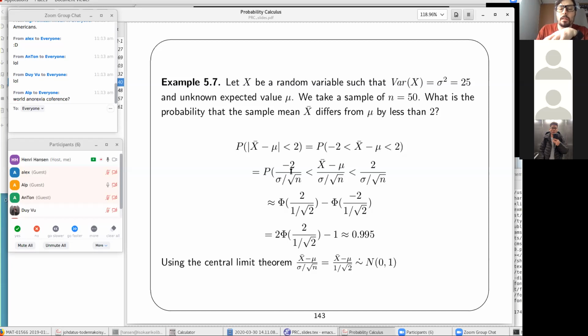So this probability mass here is between, let me just draw you a picture again. If we assume this to be normally distributed, the normal distribution looks something like this. I'm sorry about my bad drawing. It's supposed to be symmetric, don't laugh. And the first value, which is 2 over 1 over the square root of 2, so that's 2 times the square root of 2, isn't it? That's 2 times the square root of 2.